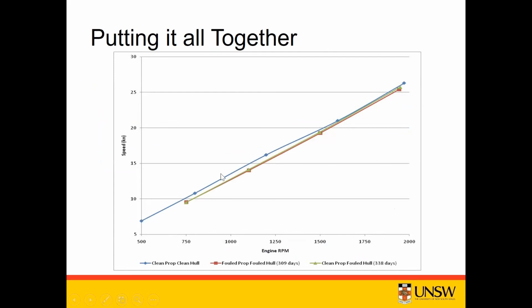This was the clean prop, clean hull. Then the red one is the fouled prop, fouled hull, and the green one, clean prop, fouled hull. And you can see that the biggest effect was down here at the lower speed rather than up here at the higher speed end.